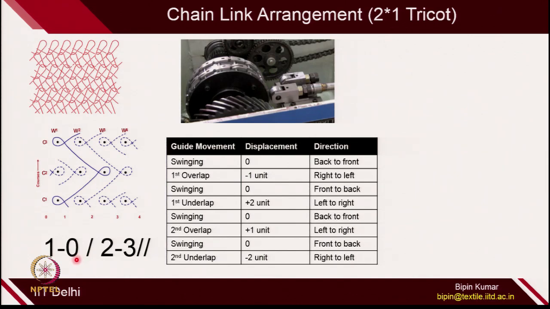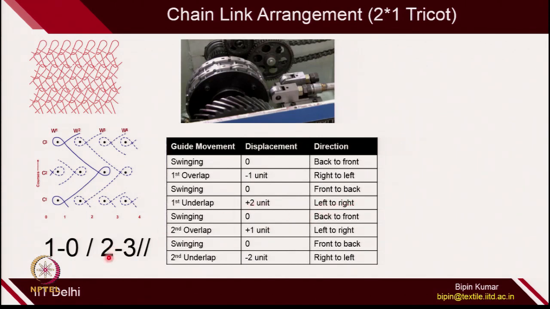After completion of swinging, it is moving from the 0 position to the 2 position. This is the underlap, so plus 2 units, and here it is moving from left to right direction. You can see here, left to right direction.